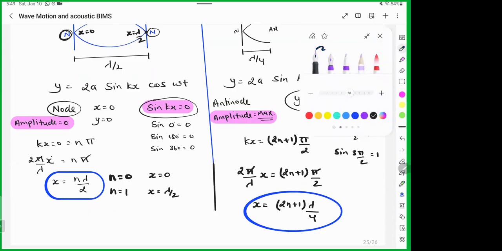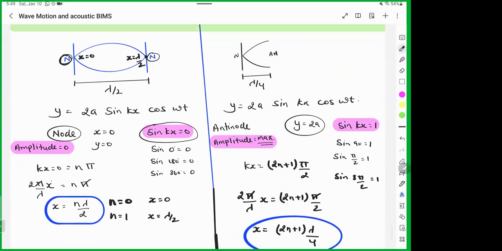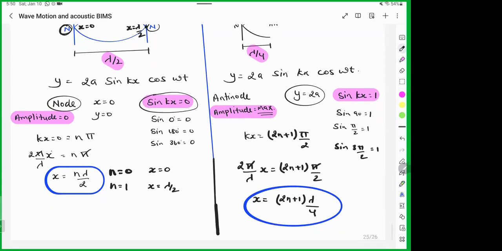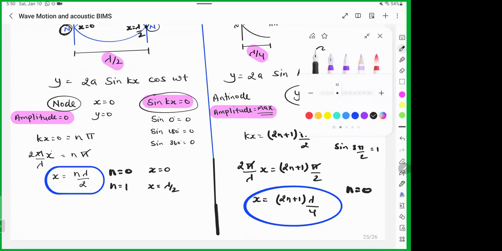Mathematically, it will look complicated, but if you see, your first is formed at lambda by 4. Here, first is formed at lambda by 2. First complete wave. First half wave here. Imagine if you put n value 0, what will be the X value?